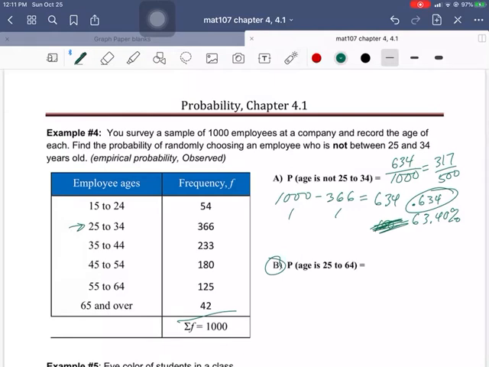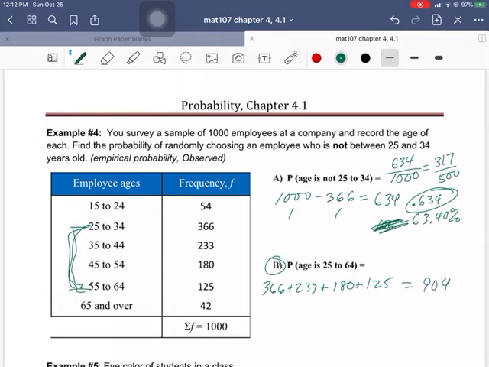Okay? Probability of the age is 25 to 64. 25 to 64 includes all of these people. So you can add them all up, and get 904.